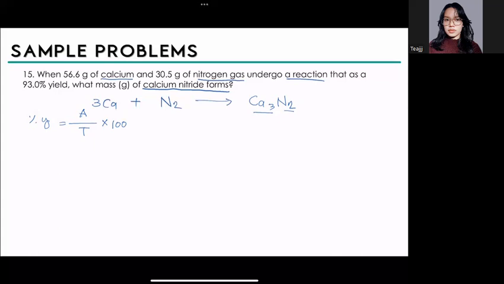Now, you have to calculate the theoretical yield. Where do you get the theoretical yield? Yan yung yield galing sa purong calculations lang. So what we are doing so far, yan yung mga yield na theoretical. So if nothing goes wrong, if everything is perfect in this world, you will have that exact amount in the lab when you're experimenting.